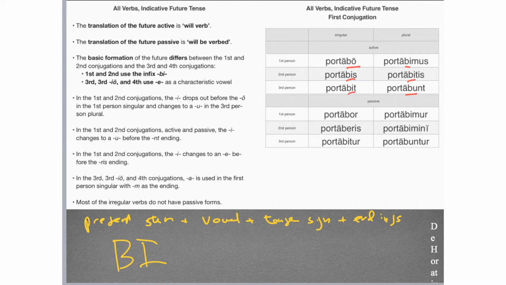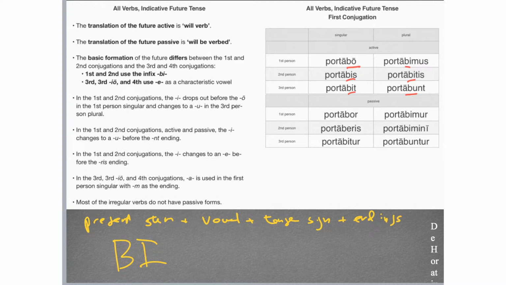Note that it's very similar to the imperfect. It's just the difference between that one letter. So a for the imperfect, i for the future. That's going to be your only distinction. And again, bio, what it would be in the first person singular, doesn't work, doesn't sound great. And the Romans don't like that im or in sound, which is why it's not bim.